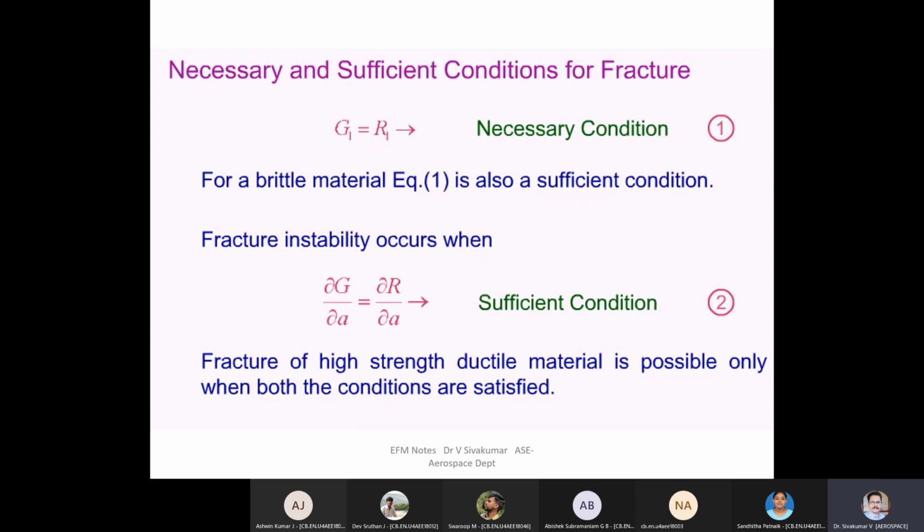Then when will the crack start expanding? That is the condition we need to check.